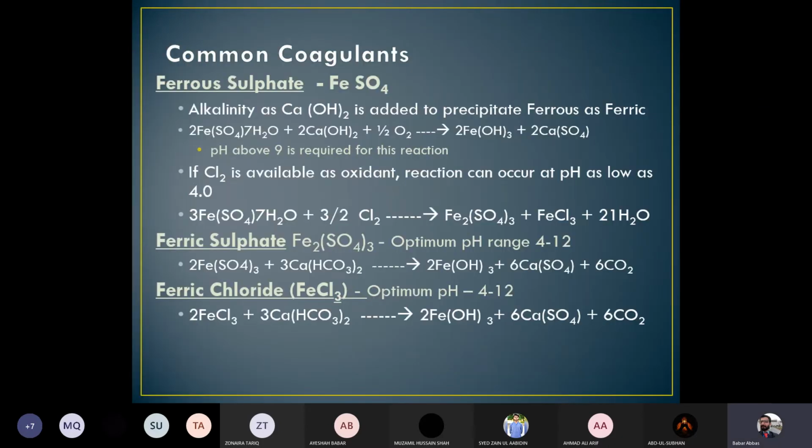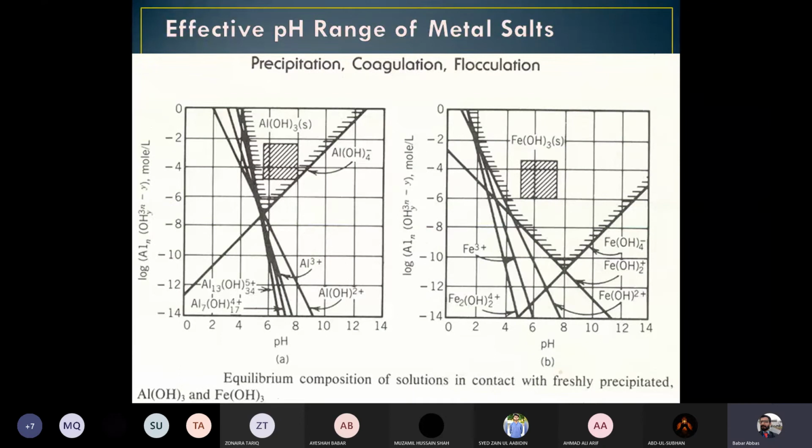These graphs show the active range of pH for the coagulation reaction. You can see the best portion in 5.5 to 8 pH, in terms of precipitation, coagulation and flocculation.